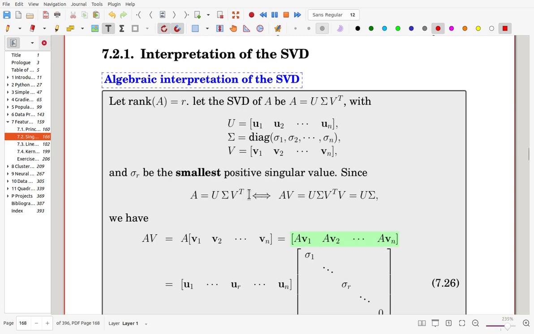If we multiply by V on both sides, then AV becomes U sigma. AV, A times V, matrix multiplication is defined in this way: A and columns of V, and each column is multiplied by A. That is the definition of matrix multiplication.